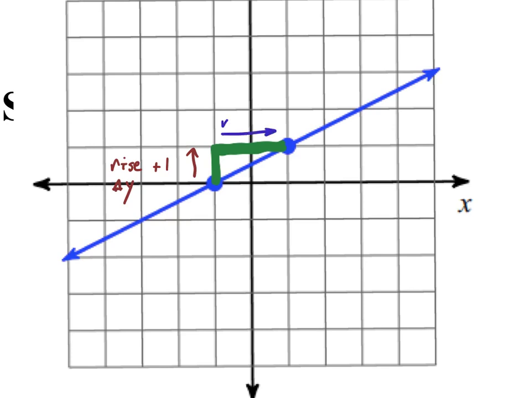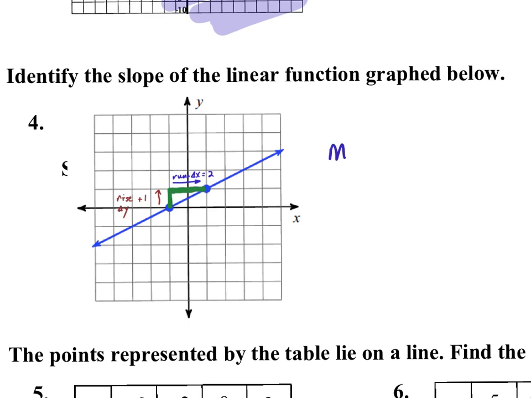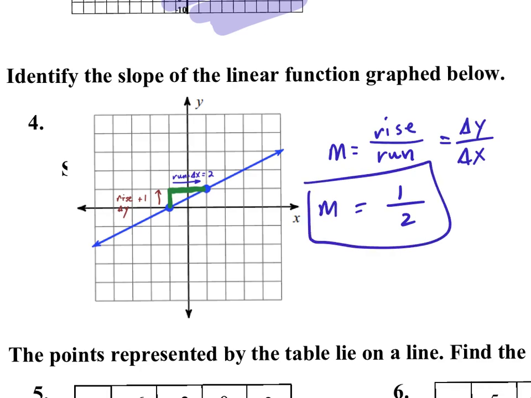Both of these are positive, because up is positive and right is positive. This is our change in x. It runs 2, it rises 1. Just remember slope is rise over run, or change in y over change in x, which would be up 1 and over 2. So there's our slope.